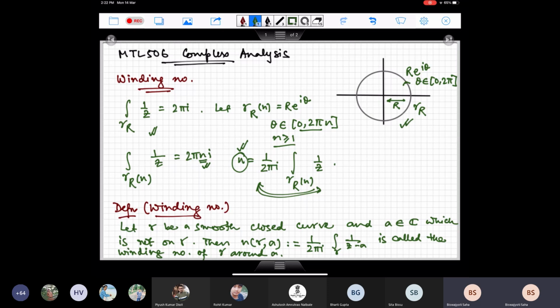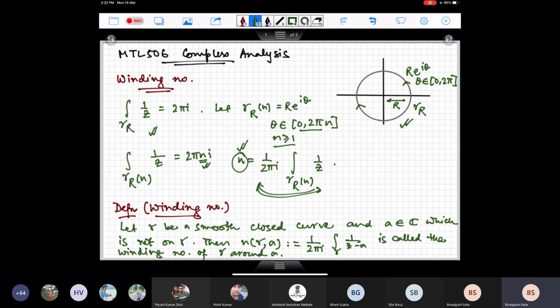Of course, I have said that generally we are going to take a positive orientation of a curve, that is the anti-clockwise direction, unless anything else is said. But I may have a curve which, for a particular point, you may realize is moving in the clockwise direction, and then for that curve the winding number could be negative.